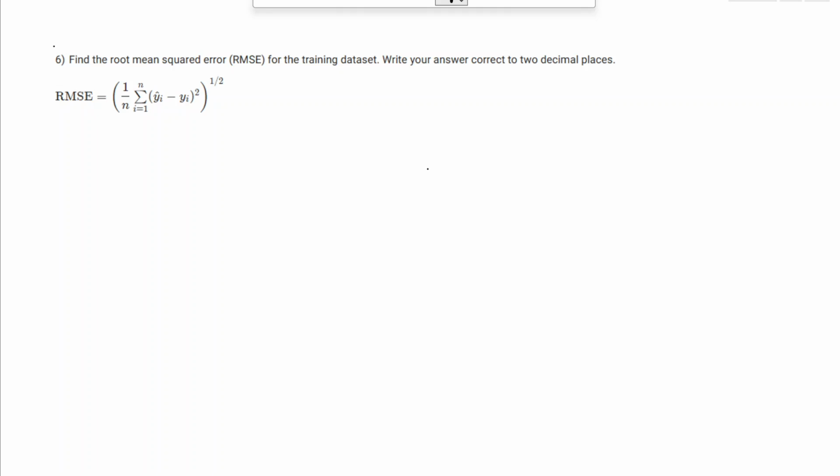We are also asked to find out the root mean squared error for the training data set. So what we need to do is compute the difference between the predicted value and the observed value, square it, sum it, take 1 by n, and then take the square root. That is the process, right?